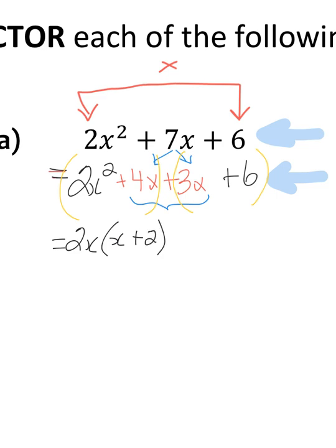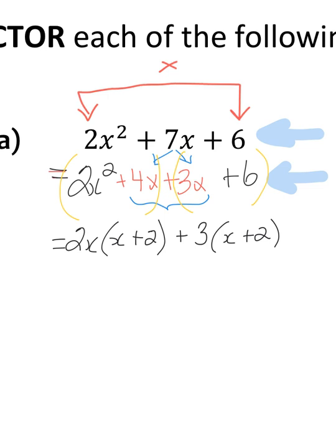Okay, in the second bracket, so completely separate, we have 3x plus 6. I'm going to find what's common between 3x and positive 6, and what's common is the 3. And I'm going to divide 3x by 3, and I'm left with x, and 6 divided by 3, that's going to give me 2. Okay, so you'll notice that the 2 brackets are exactly the same, and that's how you know you've done everything right so far.